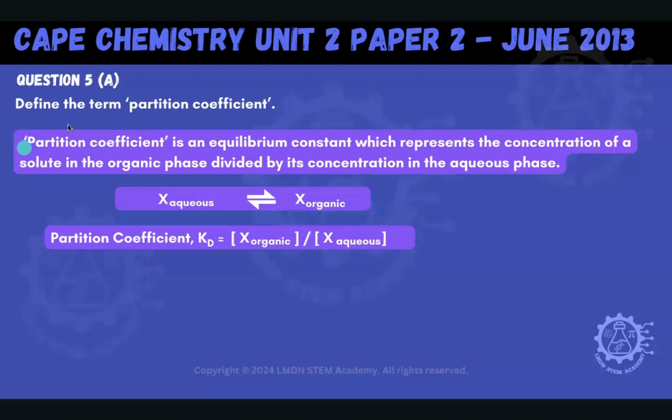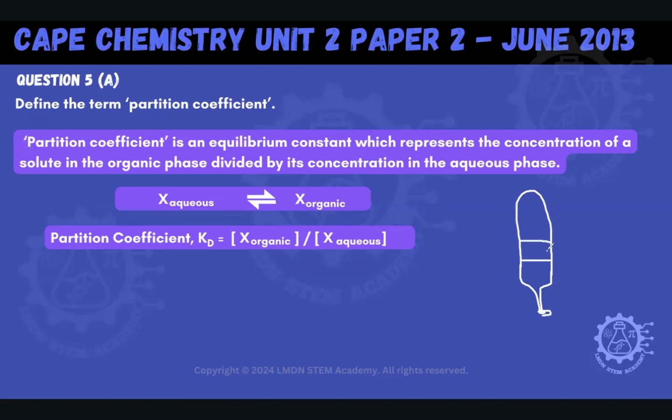If I were to do a quick sketch of how we can visualize what's going on, imagine I have my separatory funnel where I did my shaking and I allowed the solutions to equilibrate. When everything has been equilibrated, I would have two layers.